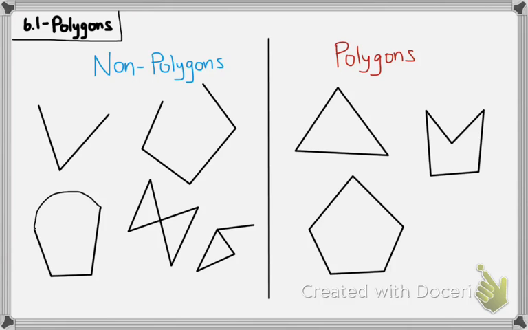All right, are there any questions on what constitutes a polygon and what constitutes not a polygon? No? How about this one? This one's going to be kind of, if I can draw it well.